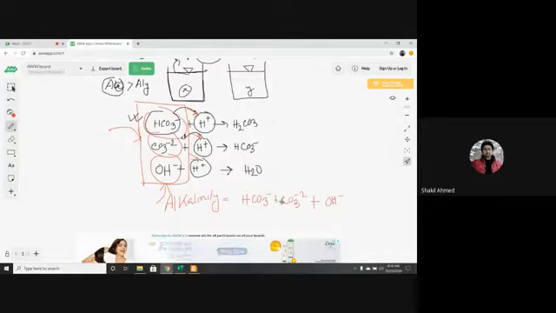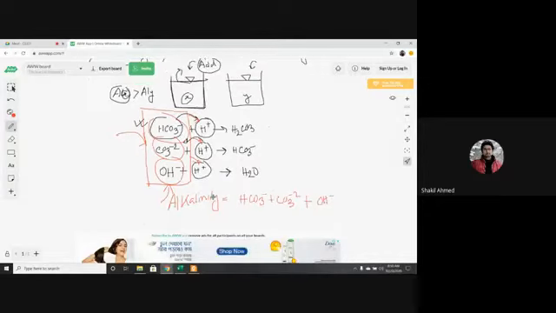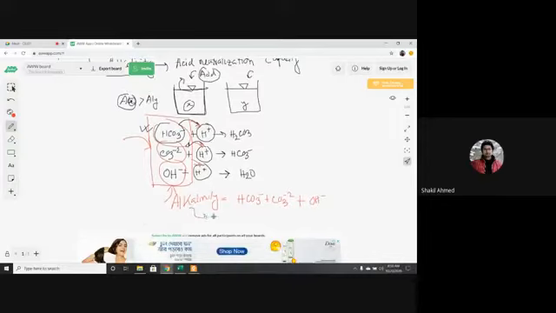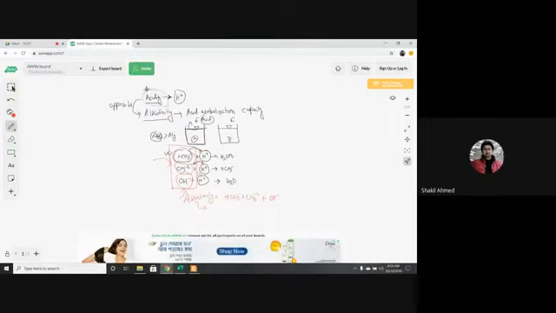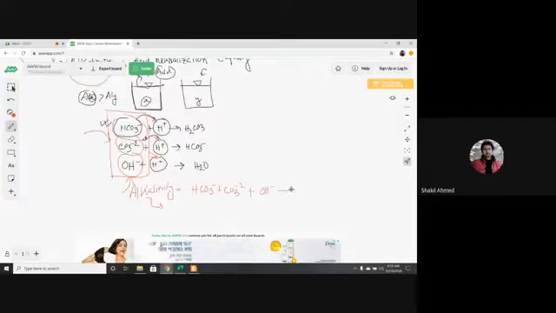Now what is opposite to alkalinity? As I told you, acidity, am I right? Acidity. So this is minus acidity. So the summation of this is actually the alkalinity of water.